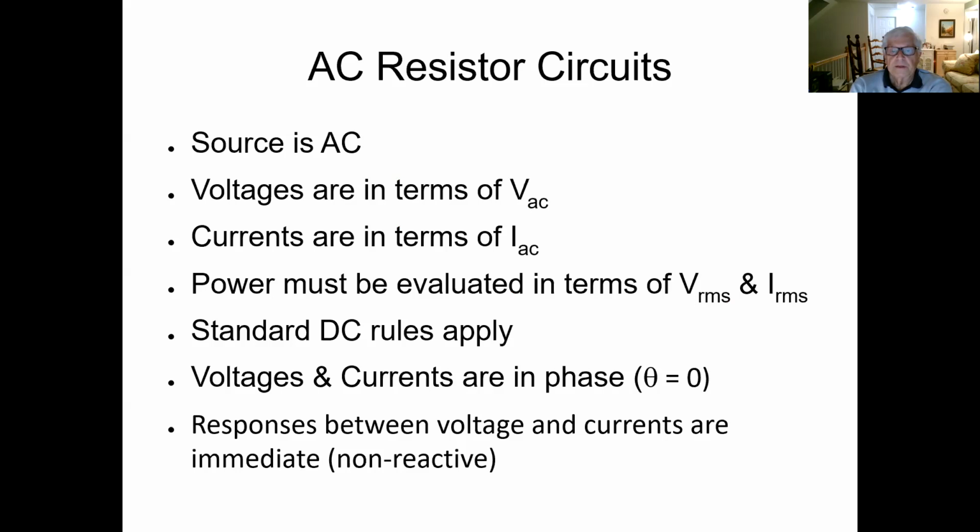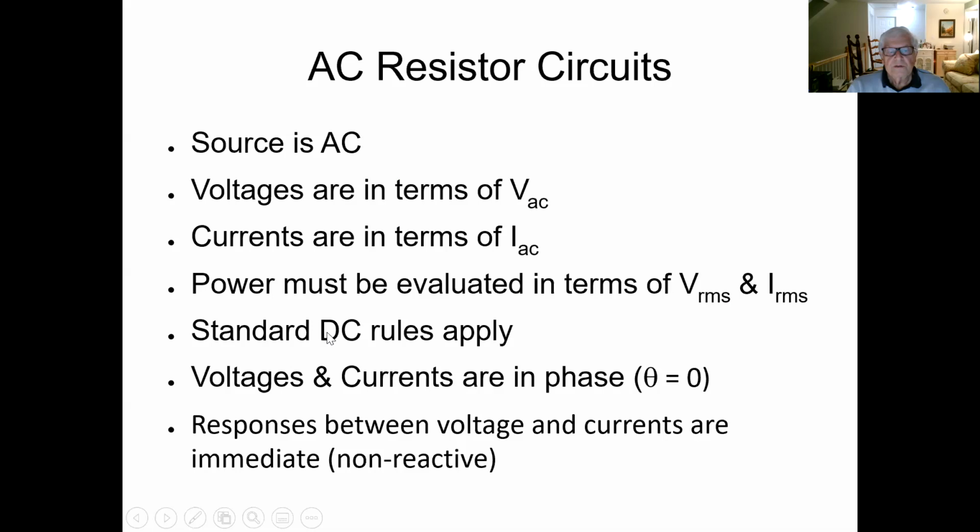And at that point we can also figure out the I RMS value by just dividing by the resistance. Or if we know the peak value of current, then we multiply that by 0.707 to get I RMS.